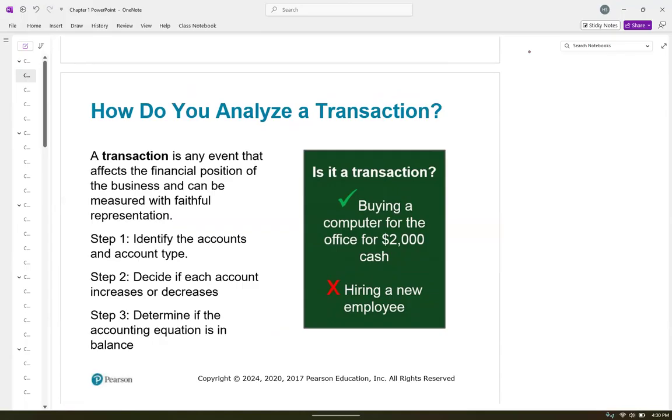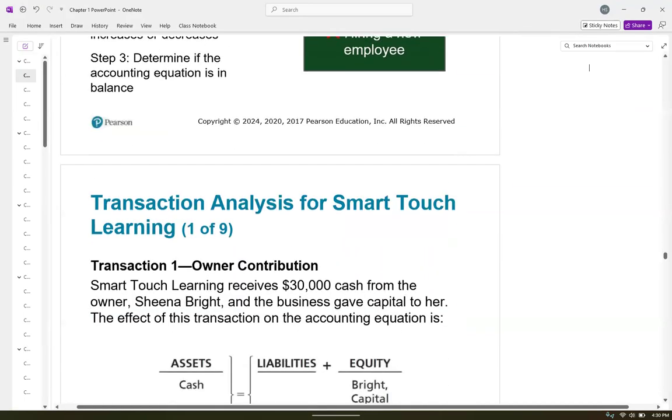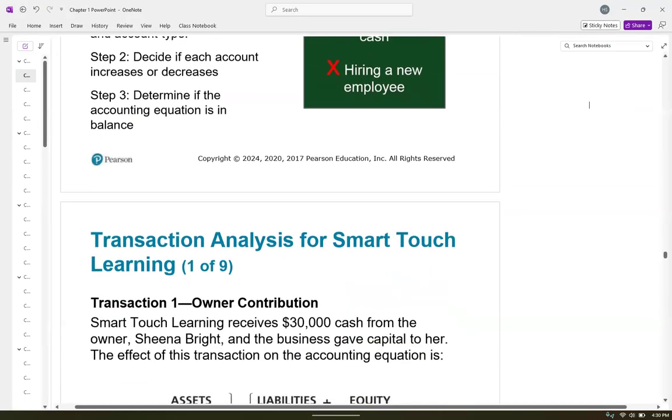They actually like to trick you in a couple of these problems in chapters 1 and 2. And that's the way they trick you. They'll say they hired an employee and you're trying to think of how much do I make the entry for? There is no entry, because just hiring them does not trigger a transaction. So we've got 9 different examples here of transaction analysis. We're going to go through them.